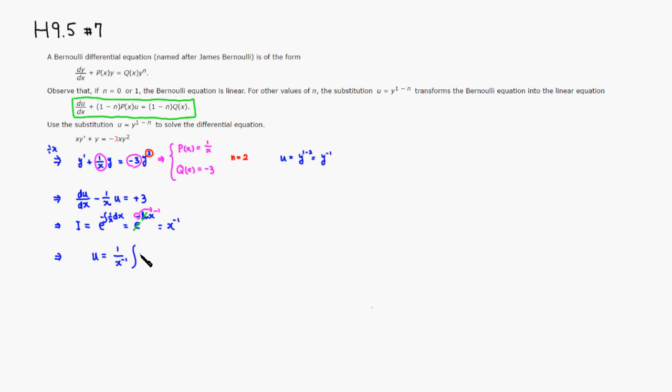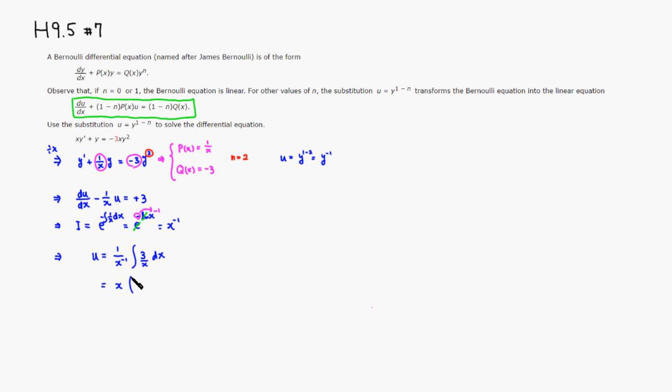Positive 3 times I, which is the same thing as 1 over x, and dx. So this is going to be equal to, it's a 1 over x, so this is going to be just x.